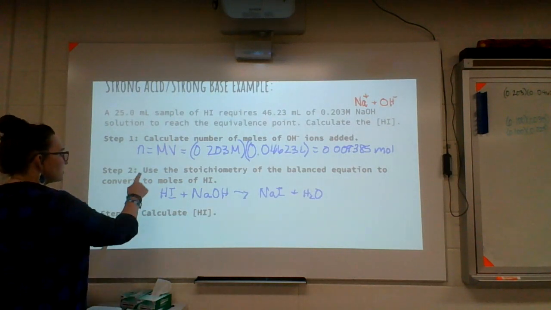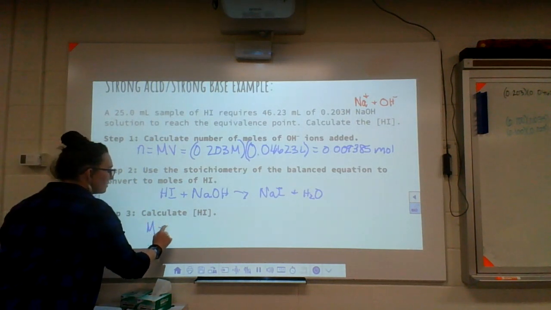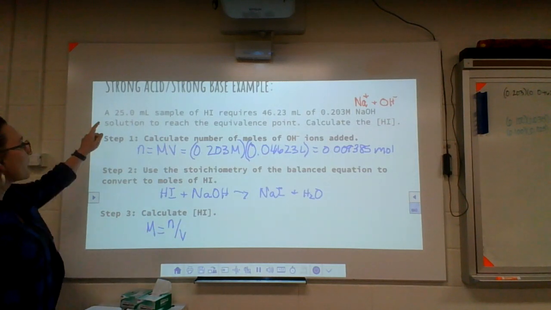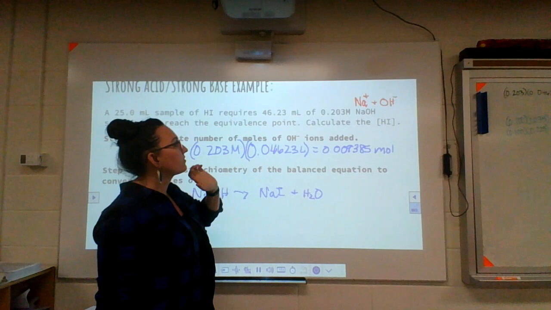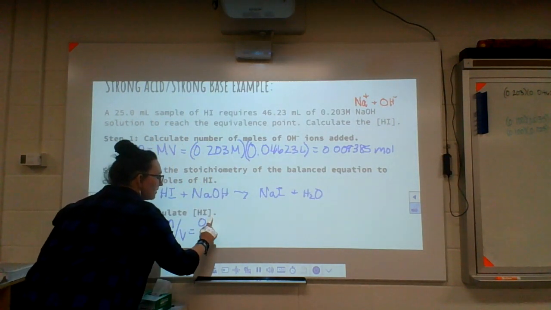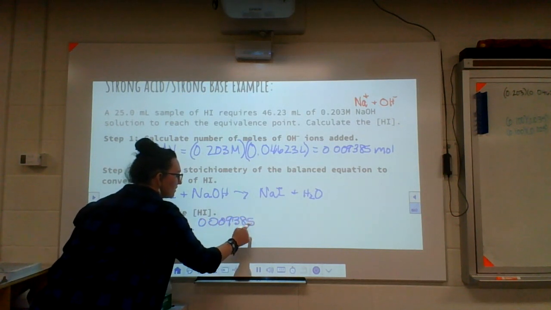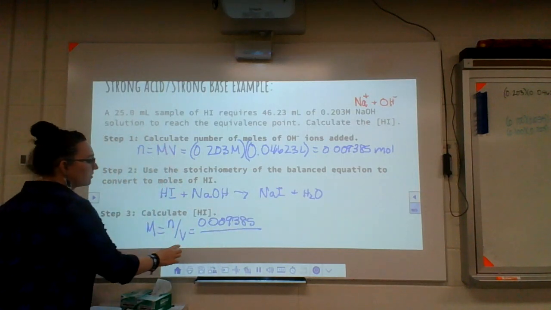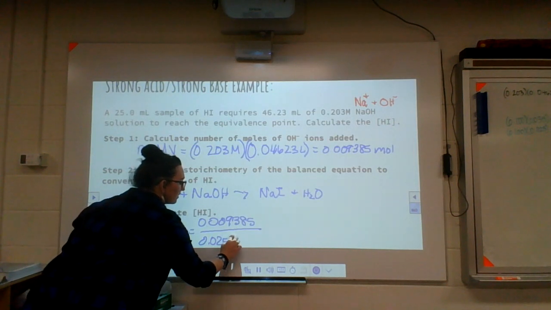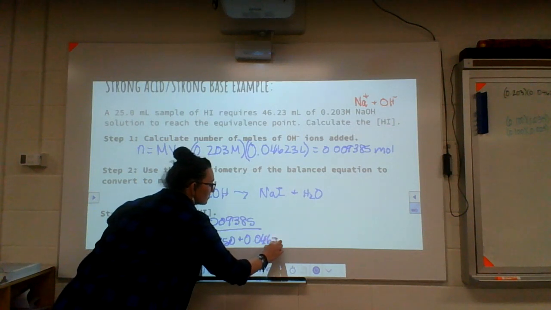So to get to the concentration, that's my molarity, I'm going to rearrange M is equal to n over V. And remember now, this V is the combined volume. So I've combined these solutions. So my number of moles, 0.009385, will be divided by the total volume, 0.0250 plus 0.04623.